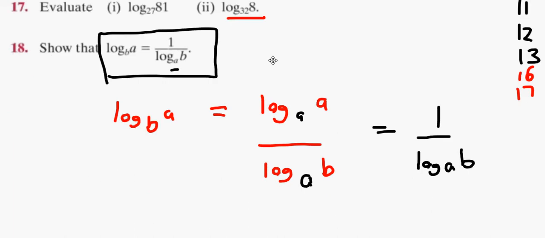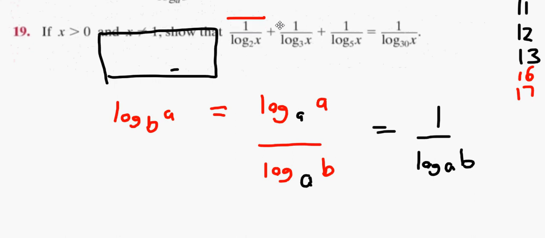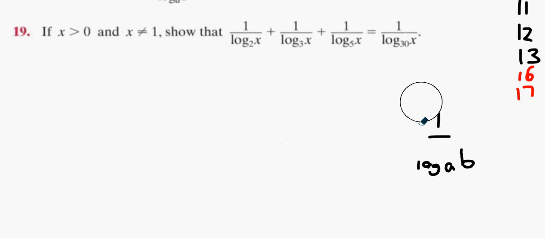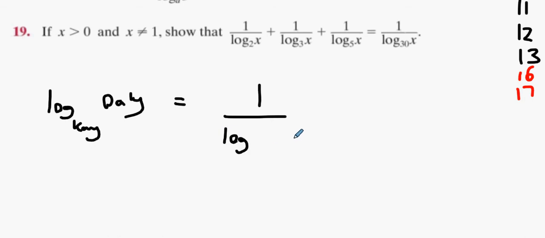Now, we need to get our speed on here. Oh, lovely question. Alright. Here's what I want from you guys. Right. What is log a to the base b? 1 divided by, anybody? Log, come on.